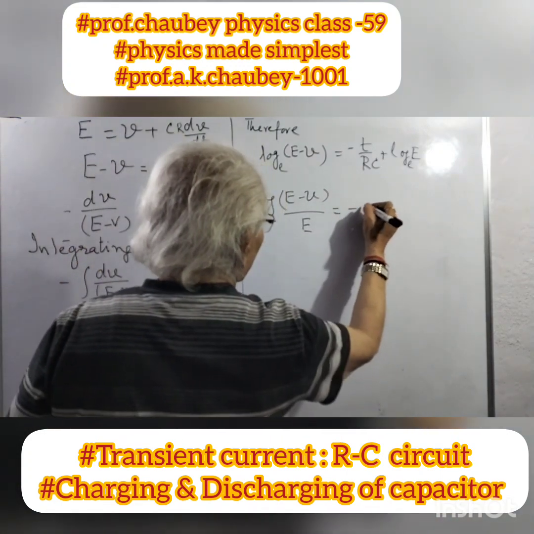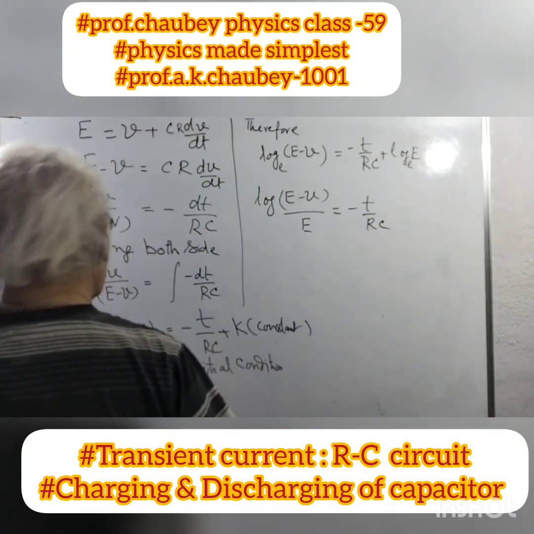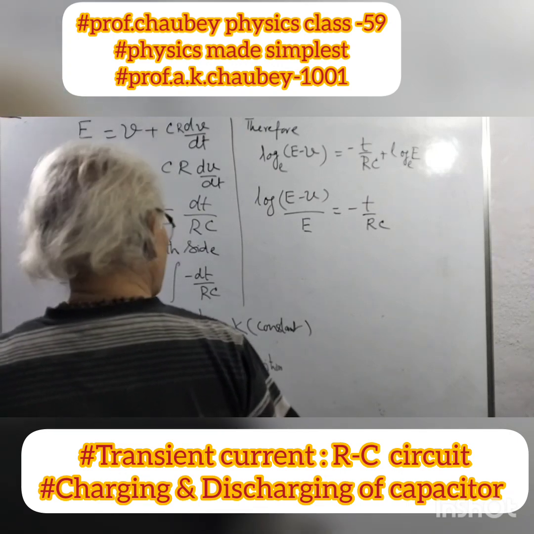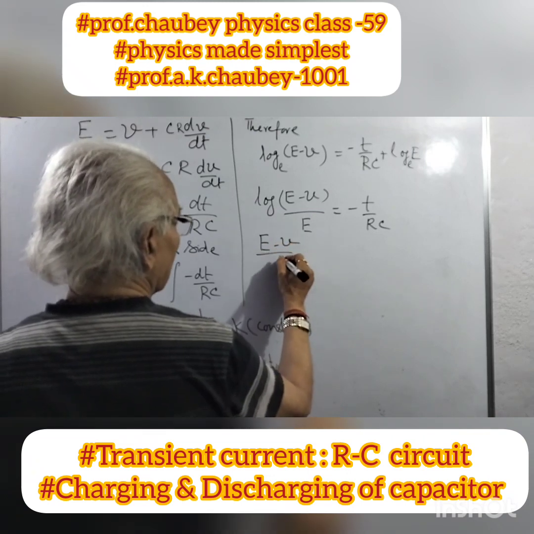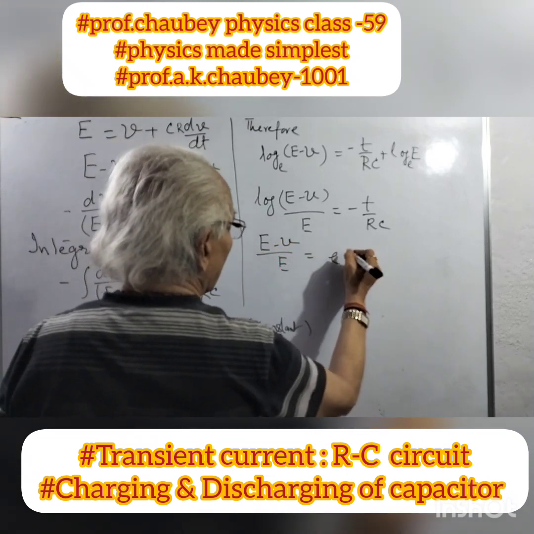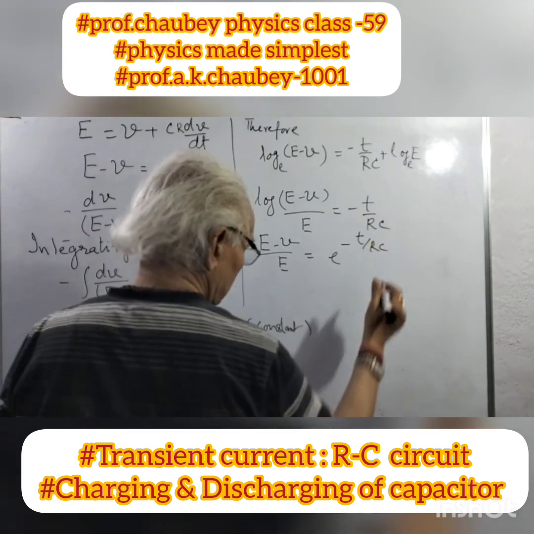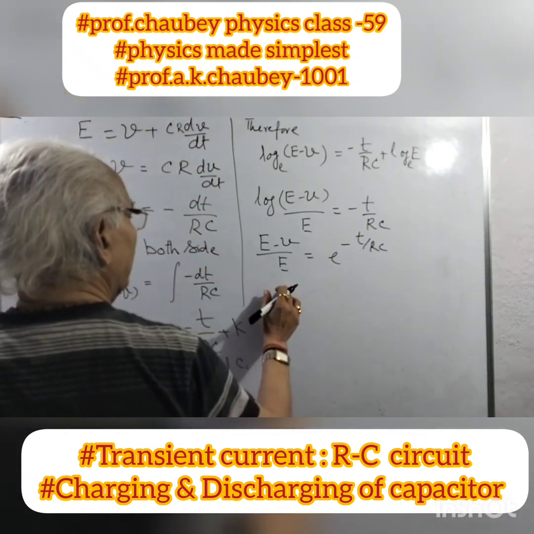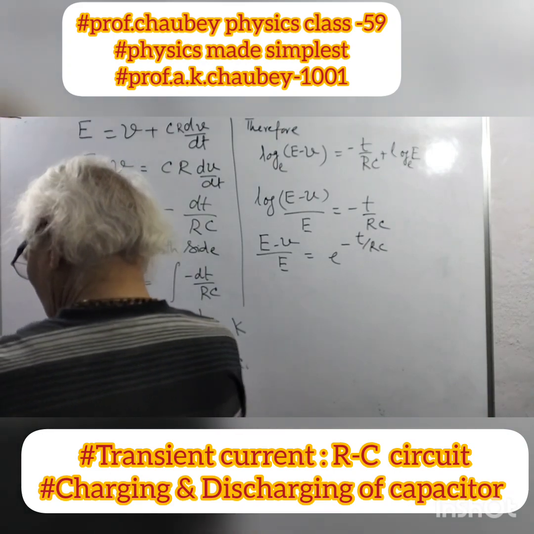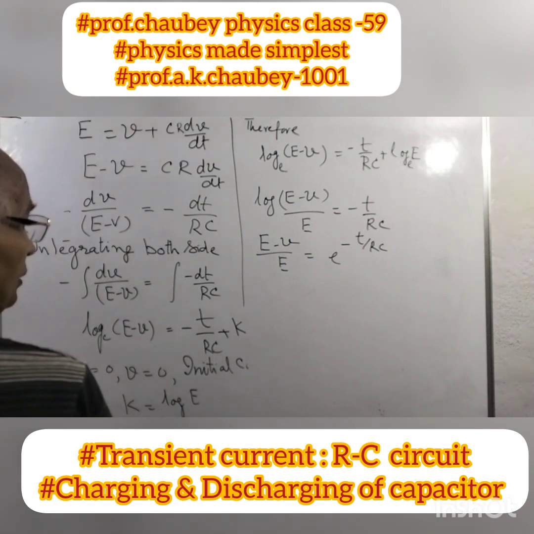So (E minus V) over E is equal to e to the power minus t over RC. This means that we can get E minus V.